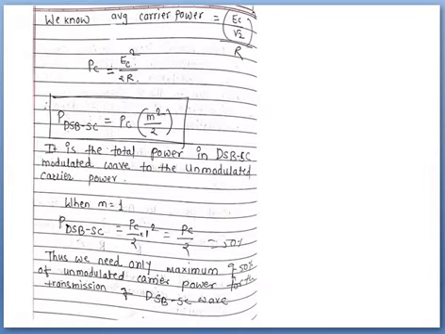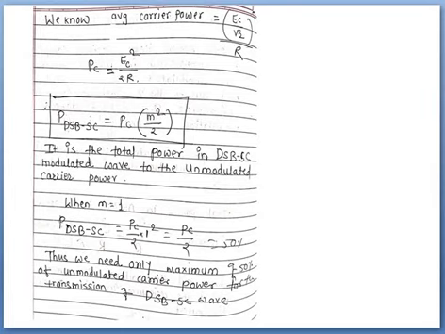As we know, average carrier power is EC upon root 2 bracket square upon R, and PC is equal to EC square upon 2R. So power dissipated here in DSB SC is equal to PC into bracket m square divided by 2, which is the total power in the DSB SC modulated wave relative to the unmodulated carrier power.